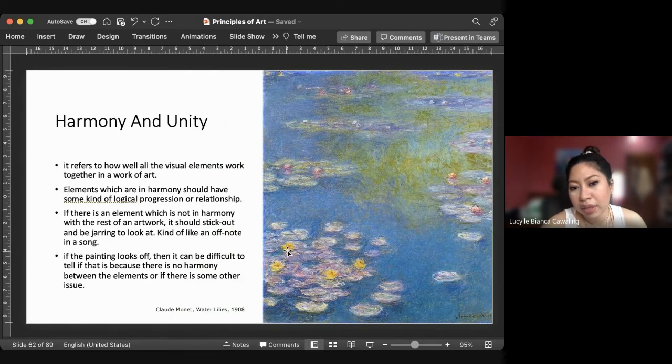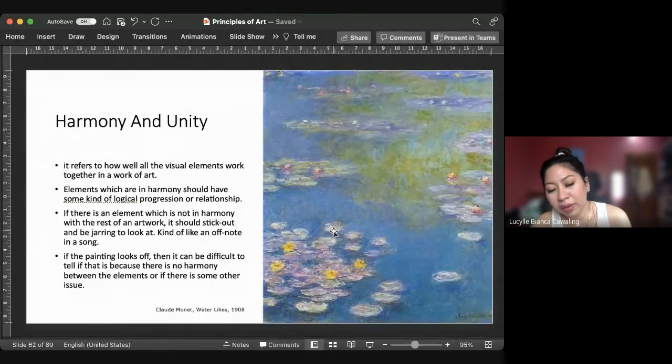So you can see how this one is detailed and circular, and then from here somehow the elements or the objects become more hazy and less detailed, but it gives more emphasis on this part. But at the same time, the logical progression of the relationship gives rise to harmony and unity and balance to this work.